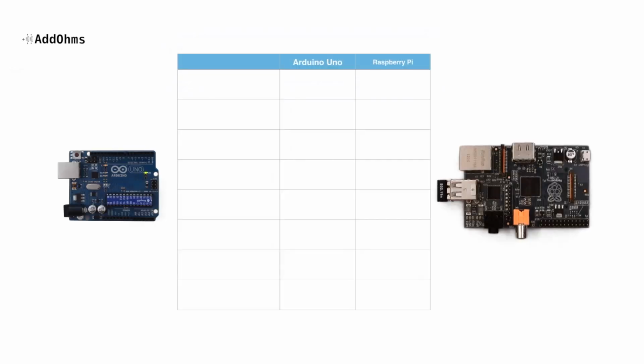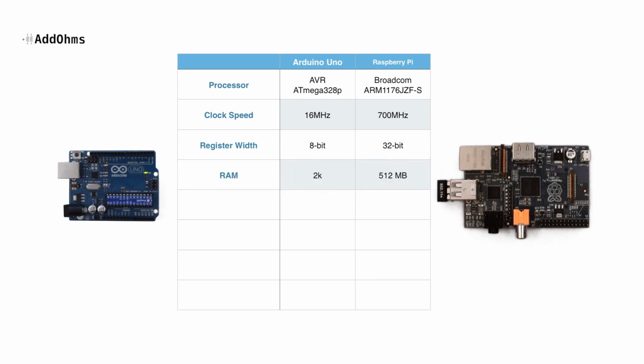So for the sake of comparing the Arduino to the Pi, let's look at some raw specifications between the two. The Raspberry Pi has a clock speed that's over 40 times faster than the Arduino and is based on a 32-bit architecture. The Uno's RAM is measured in kilobytes, while the Pi's is measured in hundreds of megabytes.